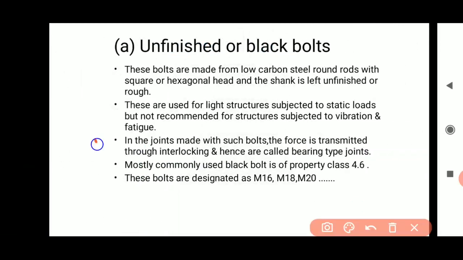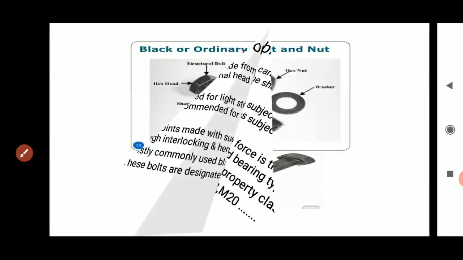Then the next point is, in the joints made with such bolts, the force is transmitted through interlocking and hence they are called bearing type of joint. Generally in case of unfinished or black bolts, the force is transmitted by bearing and shearing. Let us understand what is bearing and shearing.